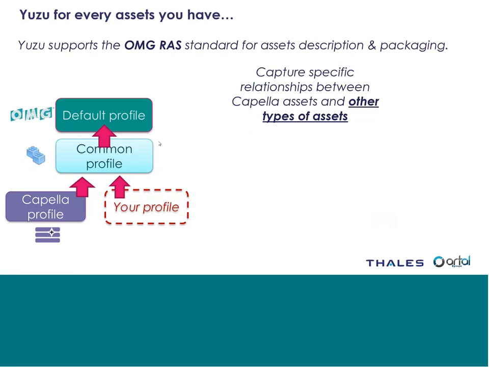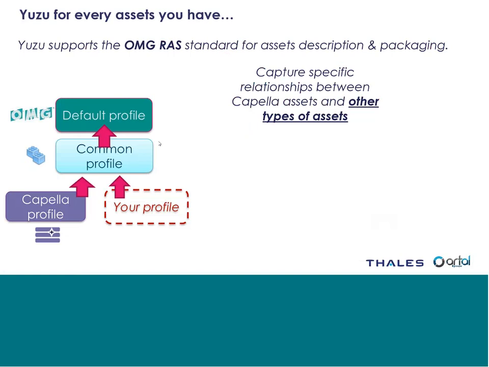And so we have focused on only Capella assets, Capella libraries, Capella projects. But you could also capture any type of asset with Yuzu, which supports the OMG standard for the description of asset packaging.